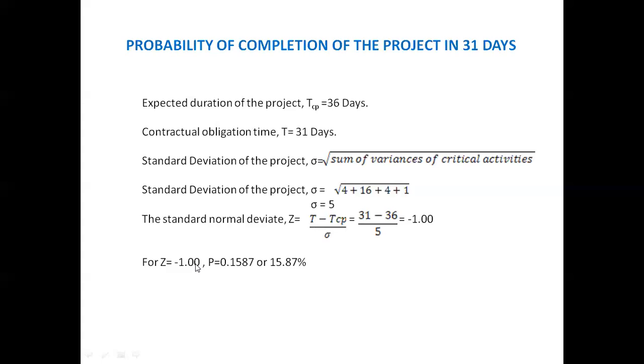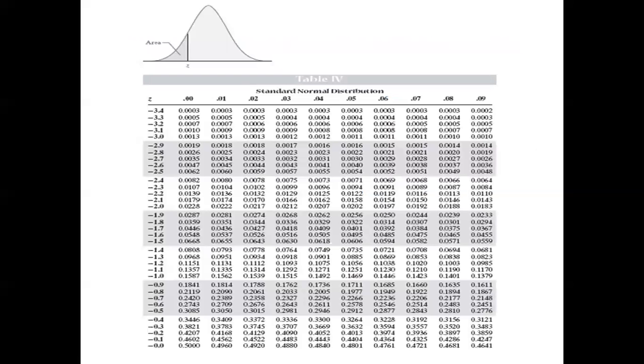Based on this, we have to find the probability from the area under the normal distribution for the value Z equal to minus 1 from the table. This is the standard normal distribution table. The area under the normal distribution for Z value minus 1.0 extracted from this table is 0.1587, which is equal to P, the probability.